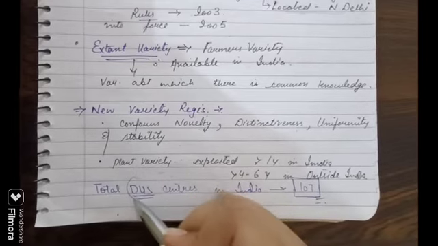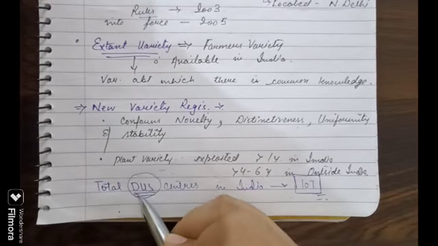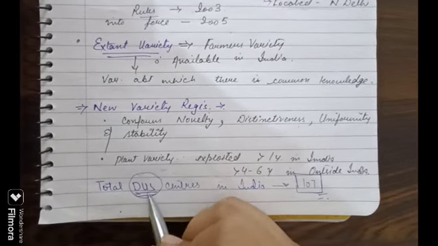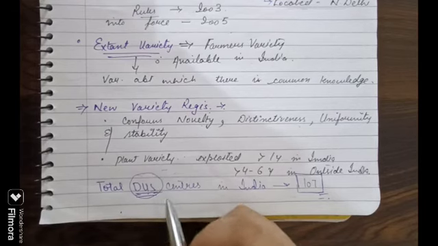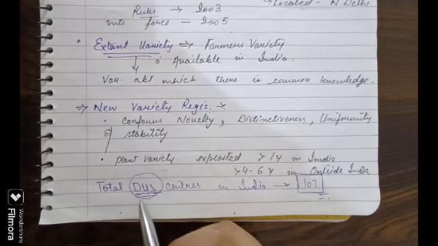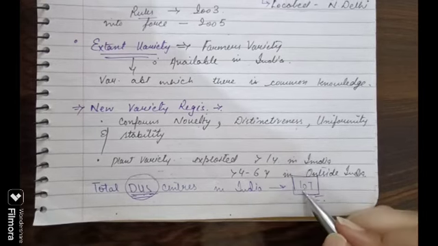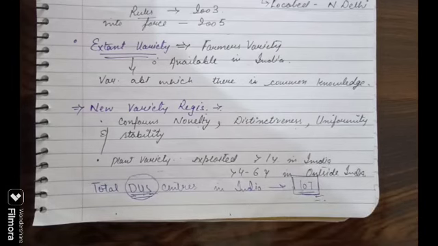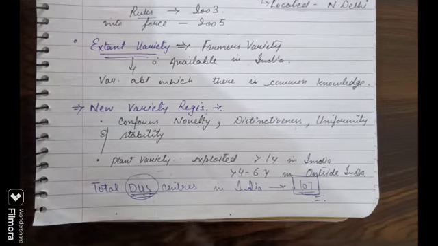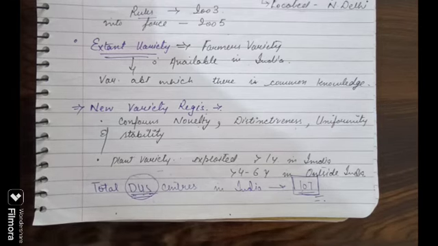DUS centers means D stands for distinctiveness, U stands for uniformity, and S stands for stability. There are a total of 107 distinctiveness, uniformity, and stability centers in India. So this was all about the topic in the video.